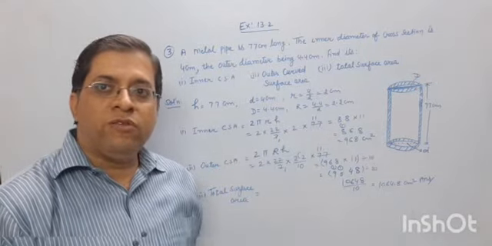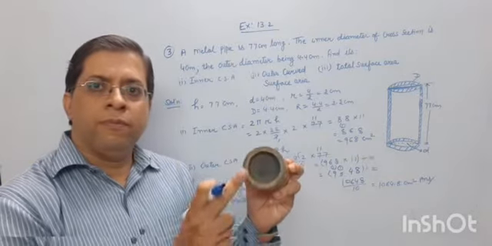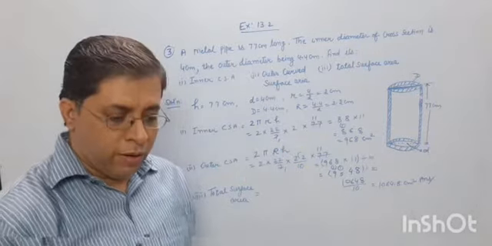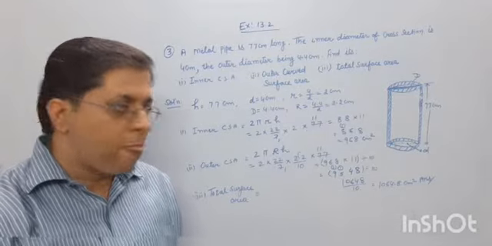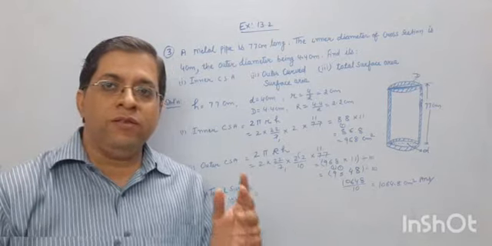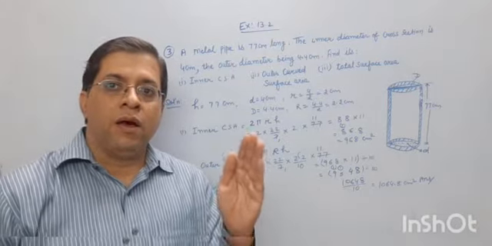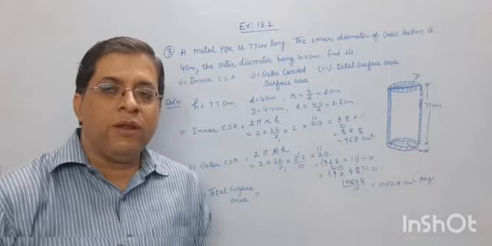Two rings you will get on the top and your bottom. Clear? So two rings you will get. Okay. So what is the area of ring? Area of ring is pi capital R square minus small r square.